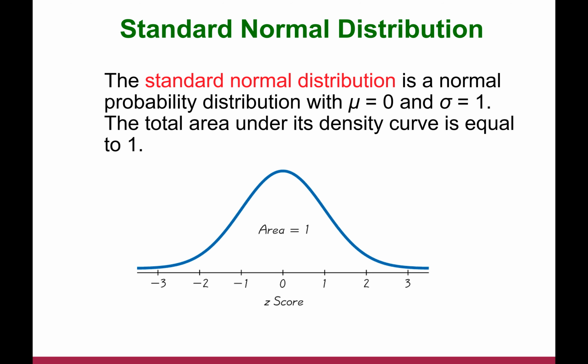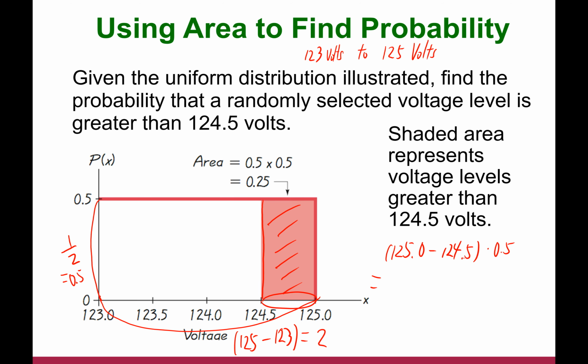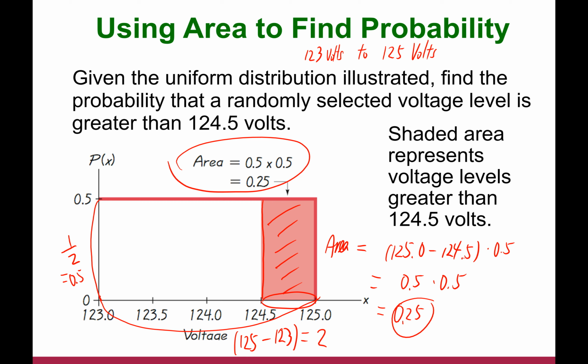Height is the same, 0.5. So that becomes 0.5 times 0.5. So the area here is equal to 0.25. Same thing as the calculation presented here. So you have a 25% chance that the selected voltage level is greater than 124.5.